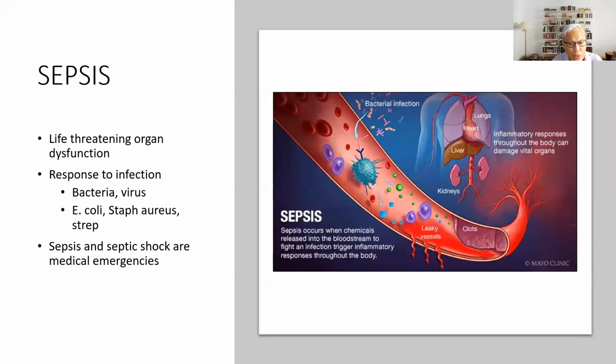And these infections lead to sepsis, which could begin anywhere in the body. For example, the most common site of origin is going to be the urinary tract, but it could also be from the lungs, the skin, as well as the GI tract.